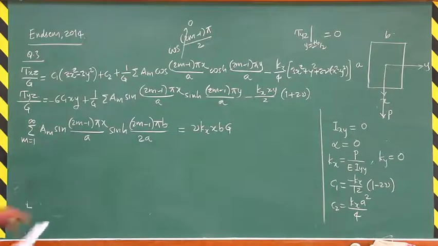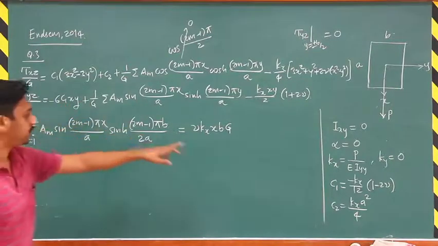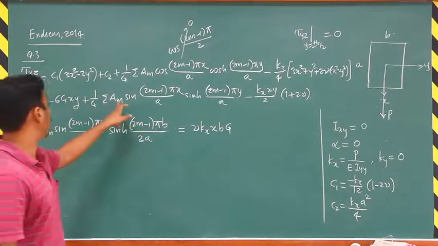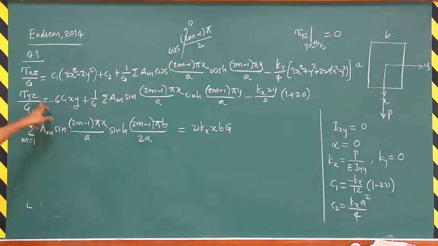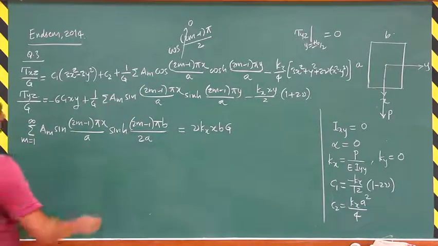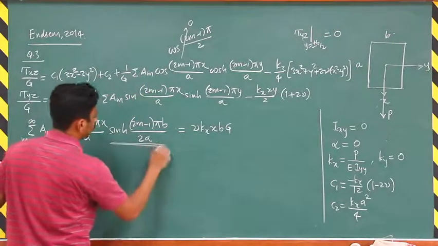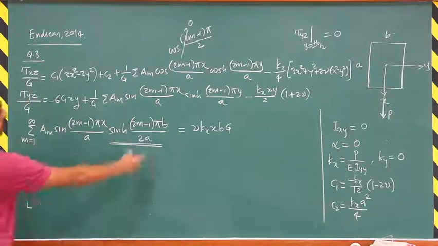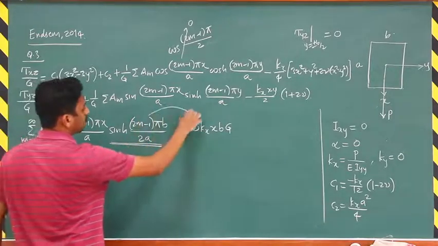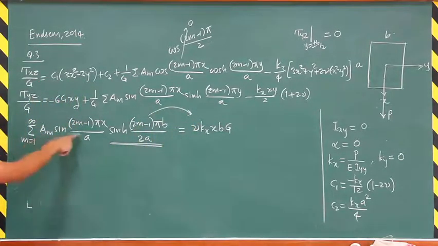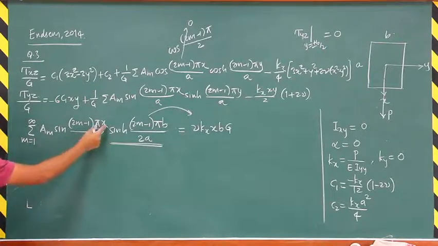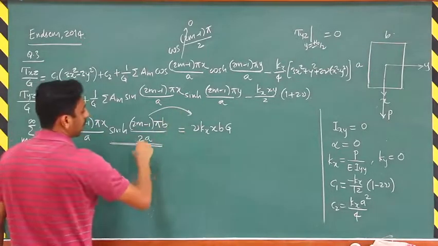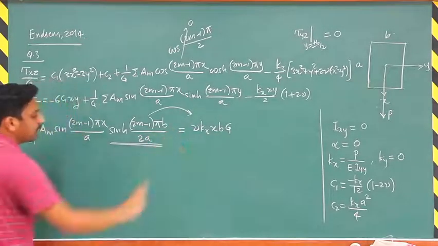So one has to use the value of C1, the value of y equal to b by 2 into this particular relation, and equate it to 0. So we get this particular expression. Now, you can see this term is constant, the sinh of some constant. It can be taken to the other side. So we are left with only a series in terms of x on the left hand side, and the right hand side will have these terms divided by this other constant.